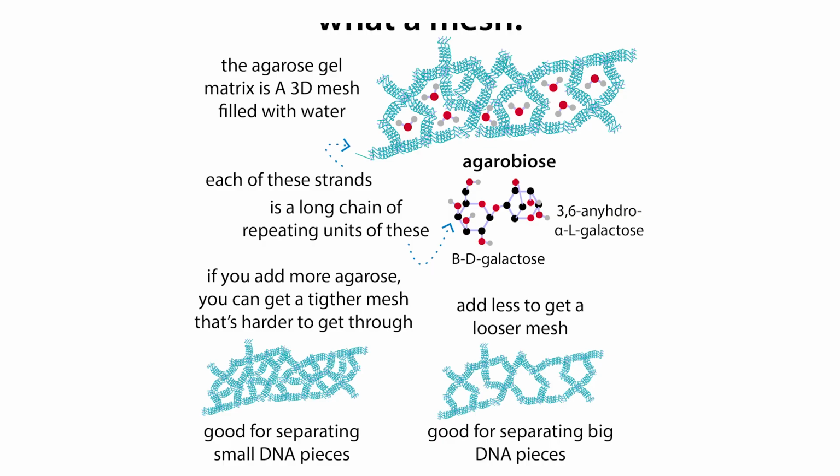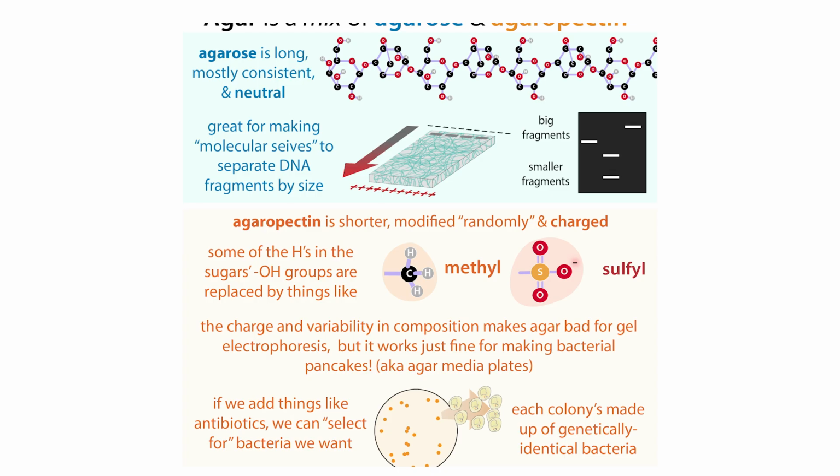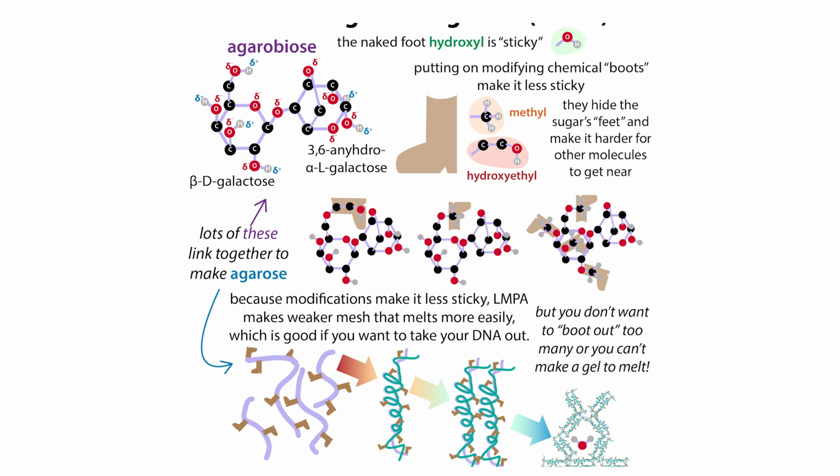This comes in really handy, and it's taking advantage of the fact that all of those sugar groups can attract water, especially, as we'll see later, if you have modifications on them, such as negatively charged sulfate groups. This allows them to soak up a bunch of water and form a gel. And depending on the amount of modification, you can get different sturdinesses.